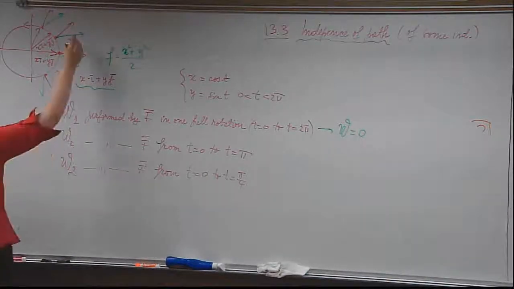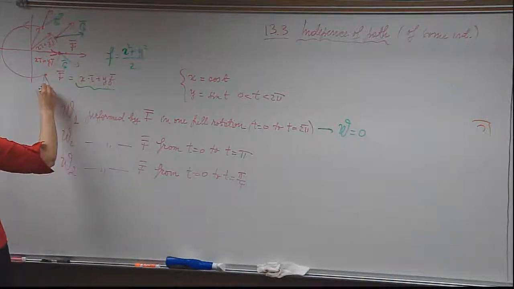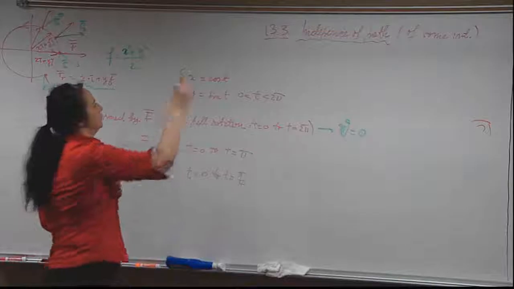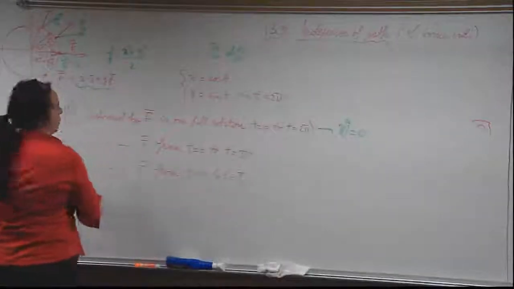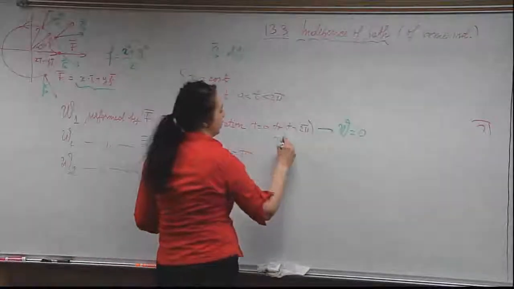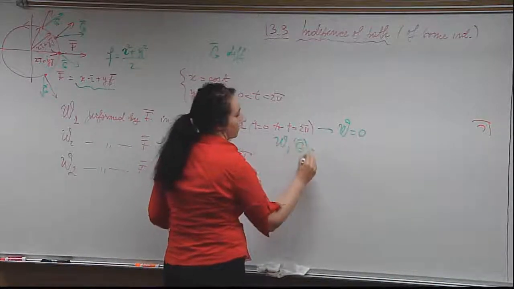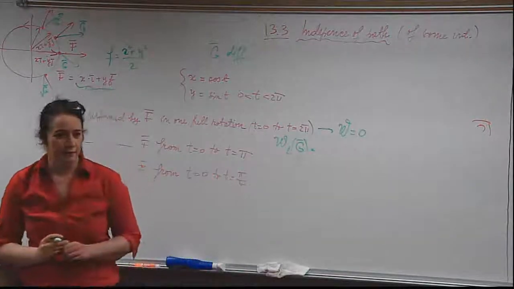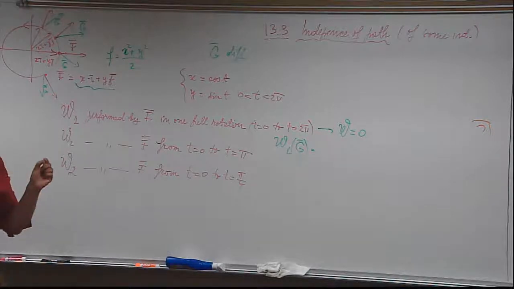So assume that F would be G. Really wild, crazy, but still differentiable vector valued function. G differentiable. Would the work W1 be the same for G? Why? Displacement 0. Since it's conservative, you have a closed loop, right?